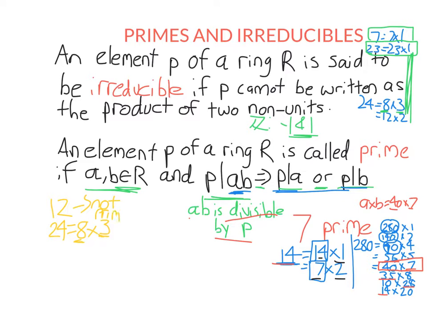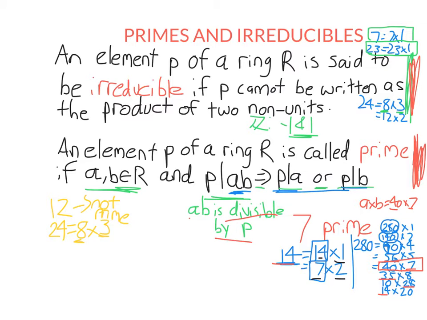So I'm sure you're starting to see why your teachers have been lying to you, because this definition is much easier to work with than this definition. In fact, trying to determine whether or not a number is prime using this definition would be tedious and would take a long time.